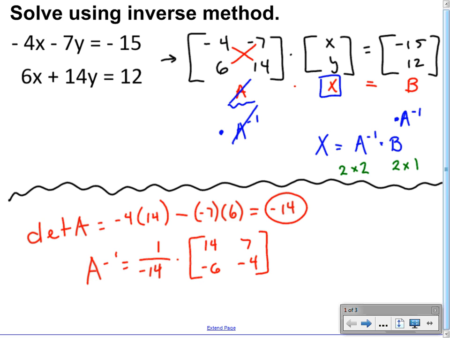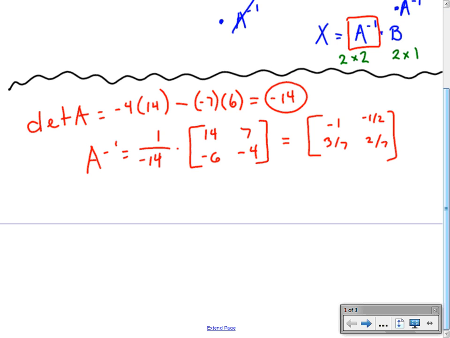When we do this scalar multiplication, we end up with negative 1, negative 1/2, 3/7, and 2/7. So we have found A inverse, and now we need to multiply it with matrix B to solve.